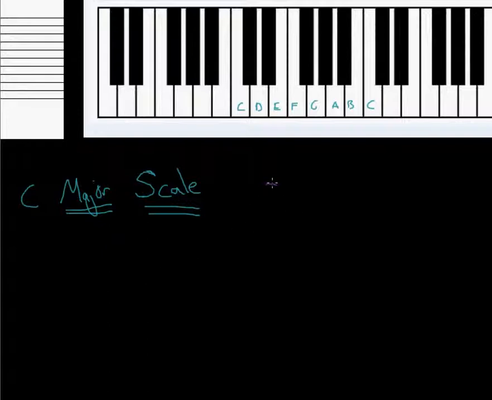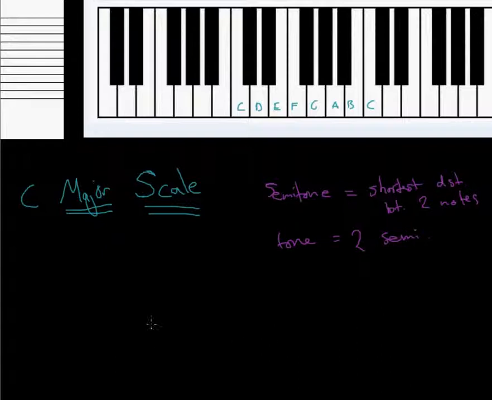To recap, a semitone is the shortest distance between two notes, and a tone is 2 semitones. Okay, that's fairly straightforward.